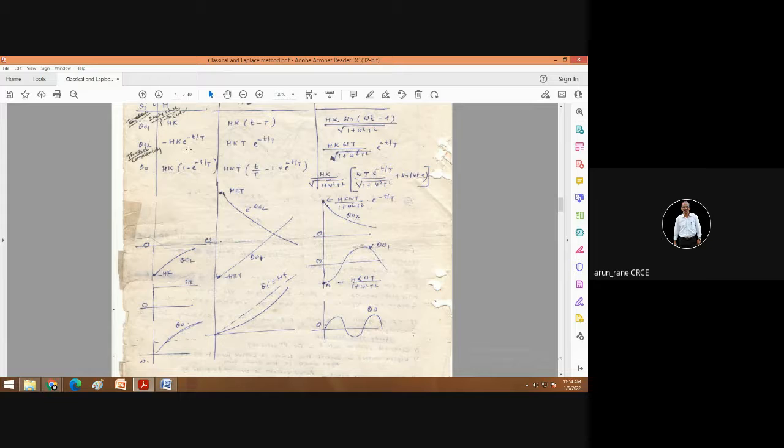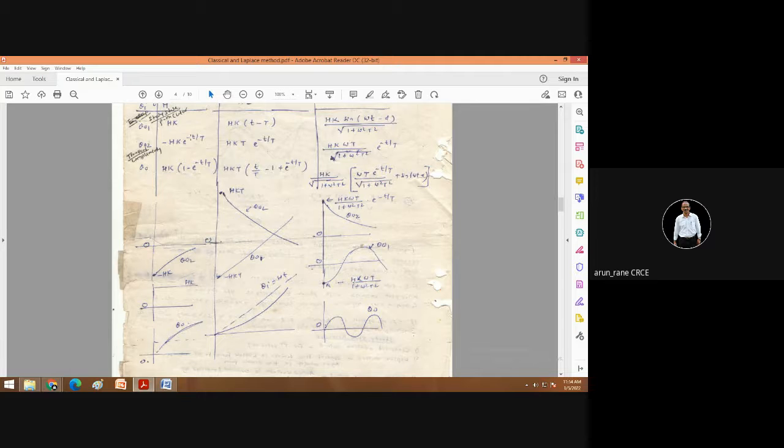When t is equal to 0, what is the value of theta O2? Minus Hk, because e raised to 0. So when t is equal to 0, theta O2 will be minus Hk. That is this.